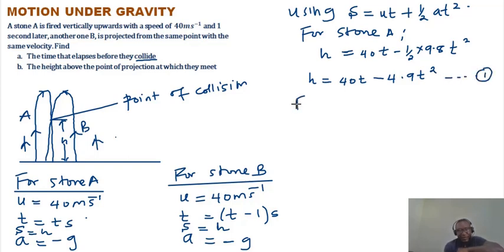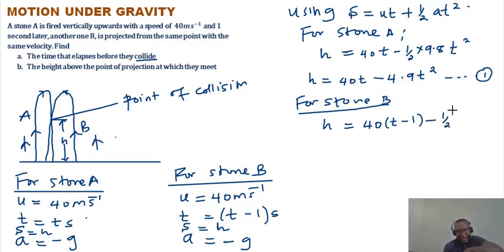For stone B, we again substitute this information in that second equation. So we modify it. We have the height was the same, h being equal to u is 40, then the time is t minus 1, minus a half, our acceleration is 9.8, but of course it's negative.